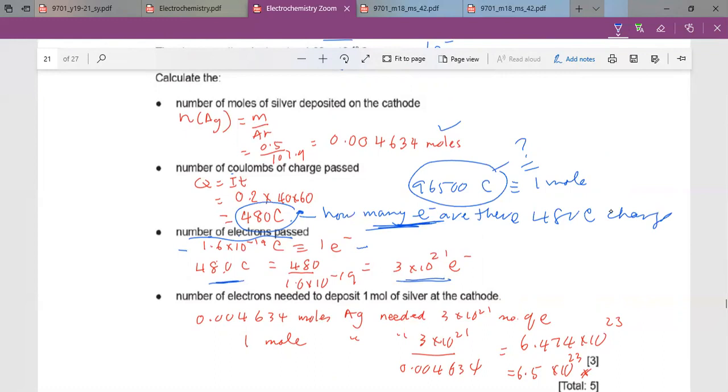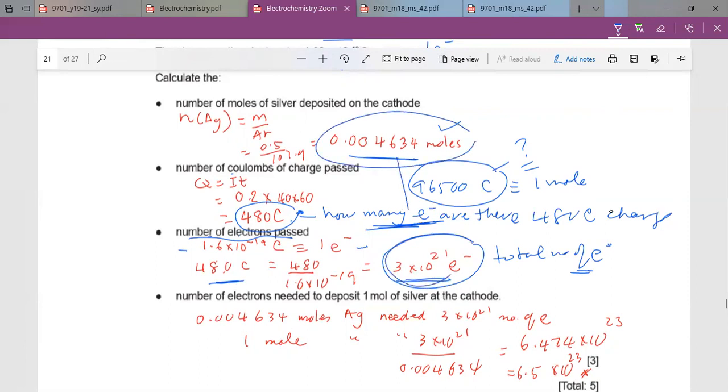Quite a lot, isn't it? This is the total number of electrons that will deposit this number of moles of silver. So I connect this one with this one here. Now they ask for 1 mole of silver.